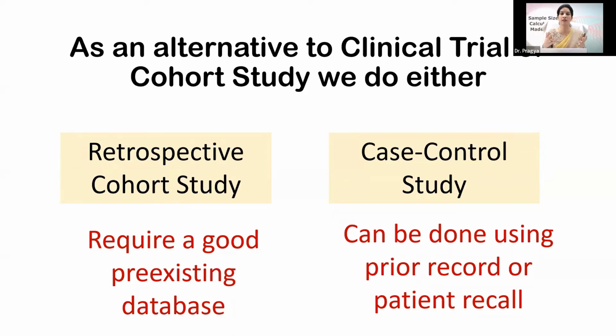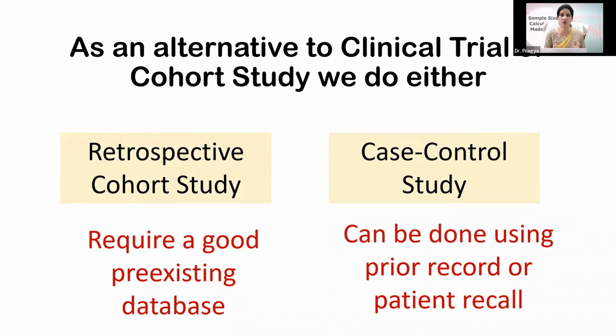You can have more than one type of control also, like a hospital control and another, a community based control, because we know that there are limitations of hospital based control. So it is always good to have a community based control to have a true picture of the distribution of exposure in the control.